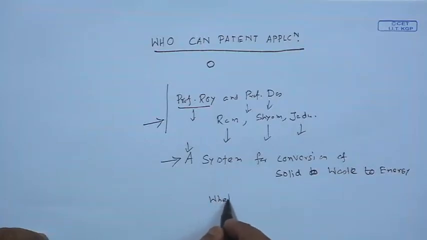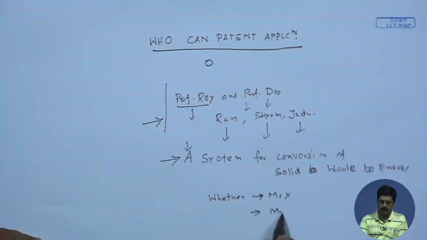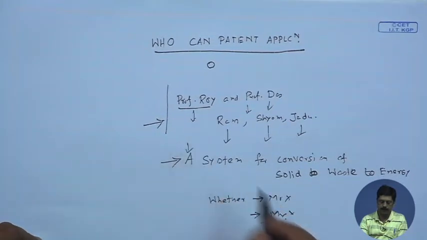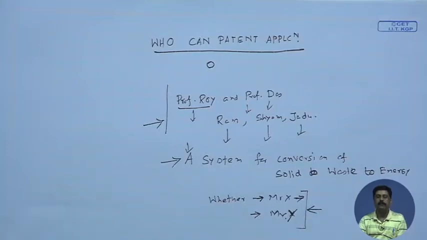So now the question lies whether Mr. X, who was used by Mr. Das as a fabricator for the gasifier, and Mr. Y, who was used by Professor Roy for production as a technical assistant, will also be considered inventors or not.